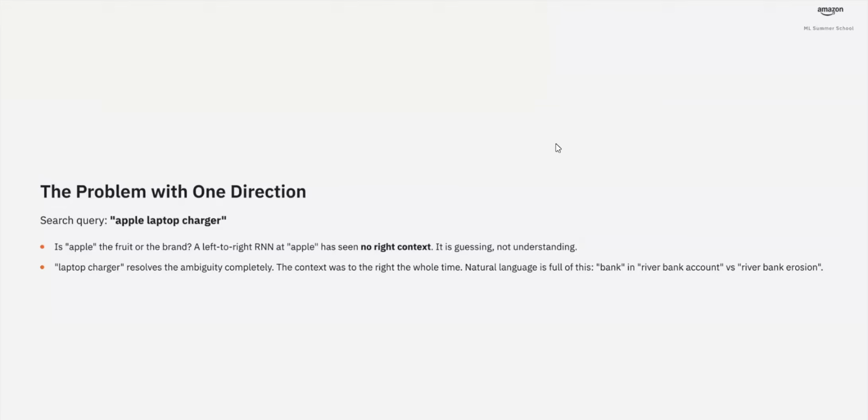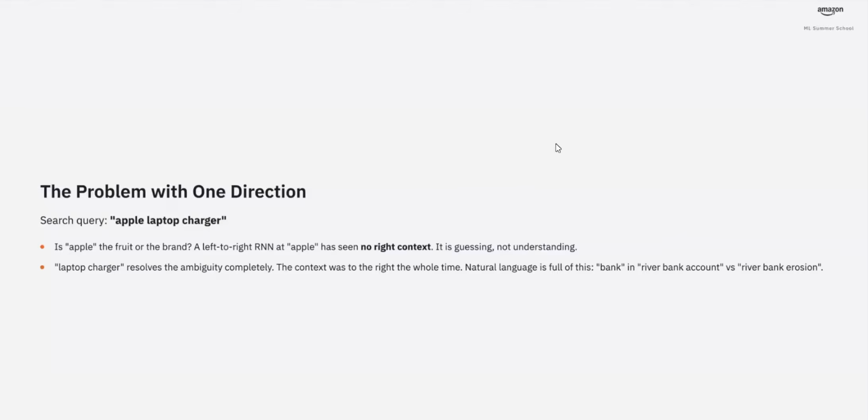This is not a rare edge case either. Natural language is full of words whose meaning only becomes clear from what follows. Think about bank in river bank account versus river bank erosion. Think about left: she left the room versus turn left at the corner. Think about I saw the man with the telescope. Did you use the telescope to see him, or does he have a telescope?